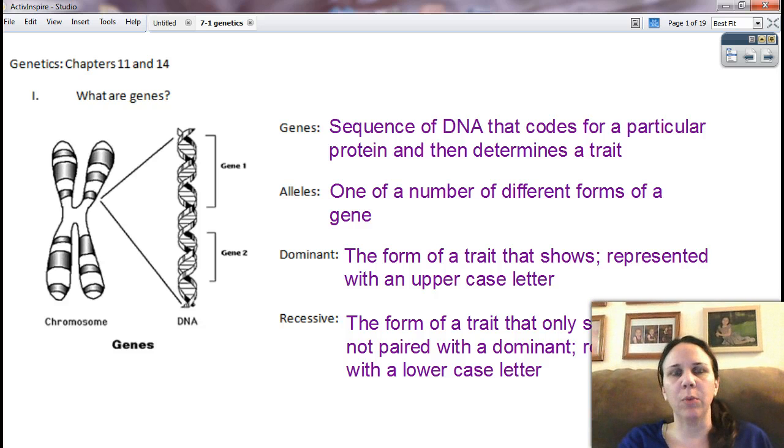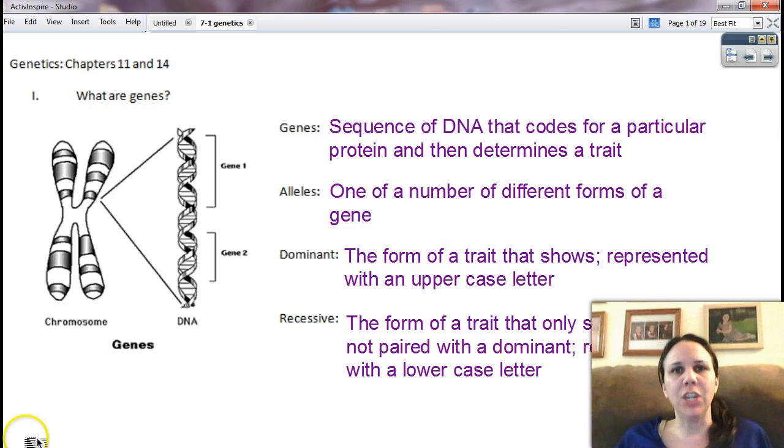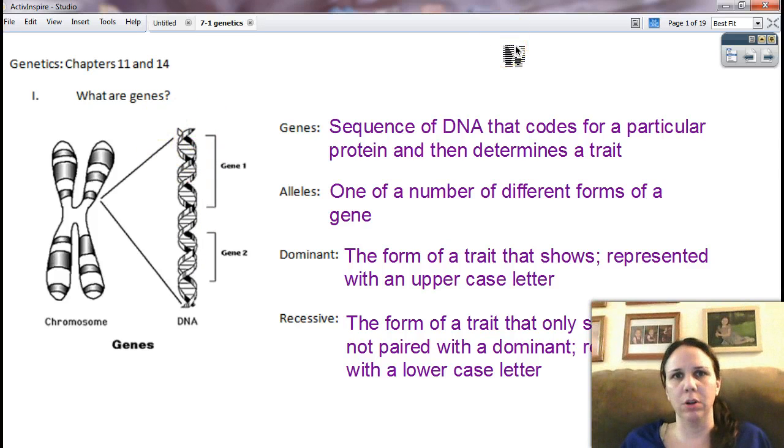Alright, so before we get into how genetics works, we need to do a little bit of vocab. Now, genetics is the study of heredity. Heredity is how you pass things on to your kids or to your offspring. And so in order to study heredity, we need to know a little bit about genes. Now, we've learned in the DNA chapter that a gene is just a chunk of DNA that codes for some RNA, which codes for a sequence of amino acids, which codes for a protein.